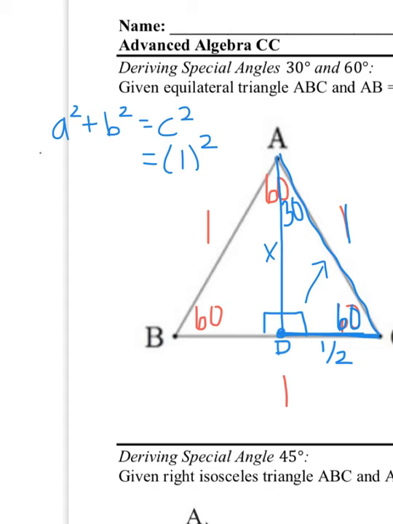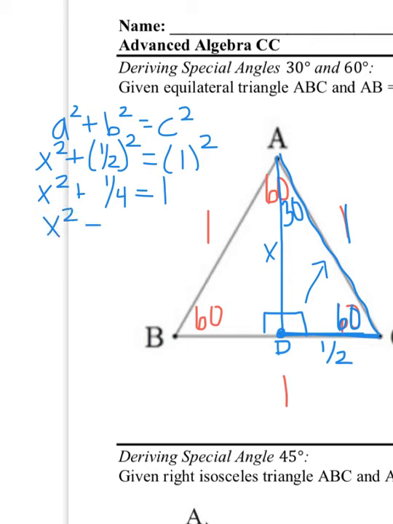So we'll say x squared plus 1/2 squared equals 1 squared. And then we're going to use this to find the length of that side. When this is done, I'm going to redraw this triangle, only the triangle in blue, so there's not as much going on and you can see a little bit better. So this is now x squared plus 1/2 squared, which is 1/4, equals 1 squared, which is 1.